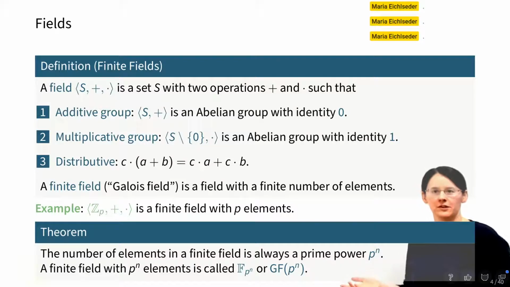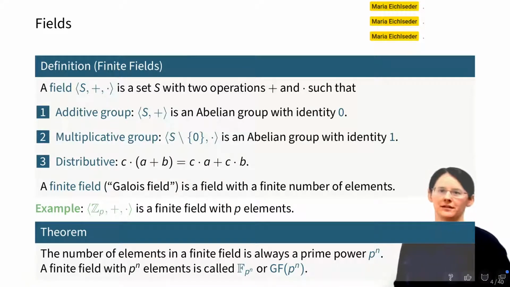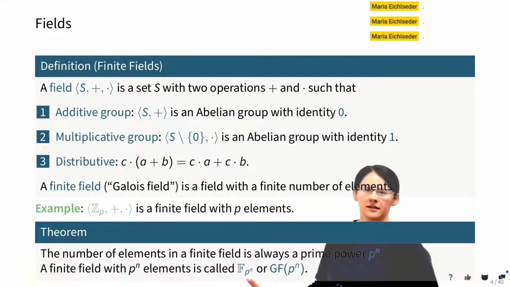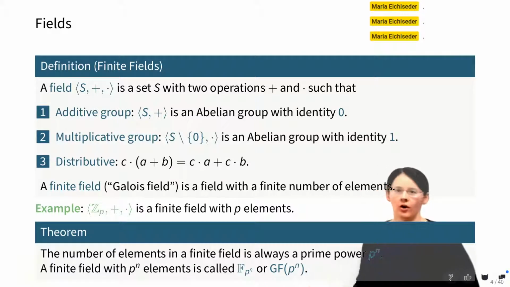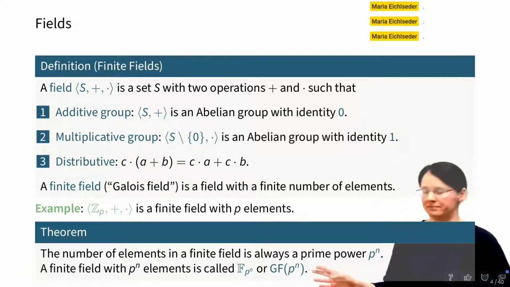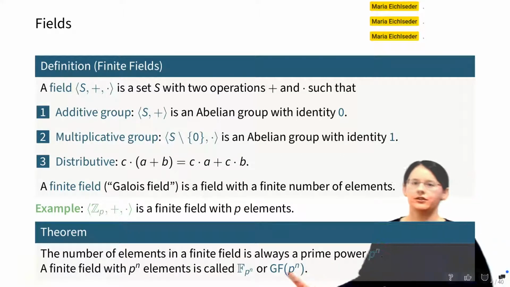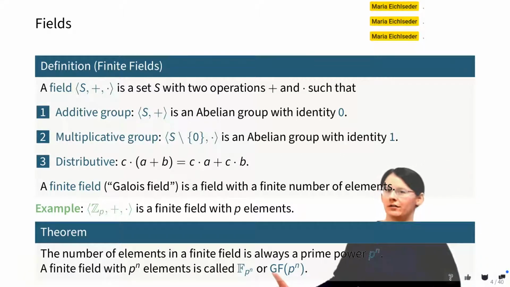And we also have a special notation if we refer to the field with this many elements. Namely, we write it either using this mathematical double-letter style F with p to the power n in the index, or, more in English-speaking countries, GF of p to the power of n, where GF is short for Galois field.